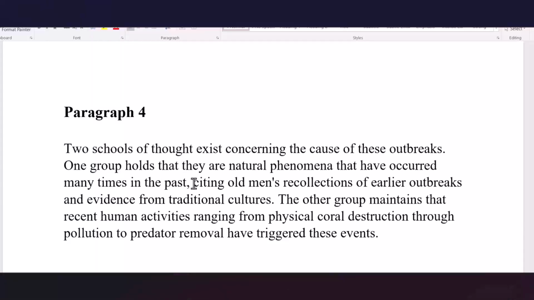Although I have passed this kind of merging two clauses and housing them in just one sentence when reading past paragraphs. The pronoun they here refers to outbreaks, but what outbreaks? The outbreak of increase in the number of acanthasters and their attacks upon corals. And the sentence states that this increase in the number of acanthasters and their attacks upon corals are natural phenomena.